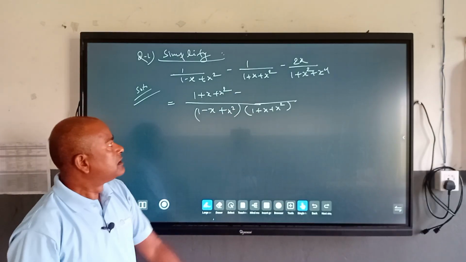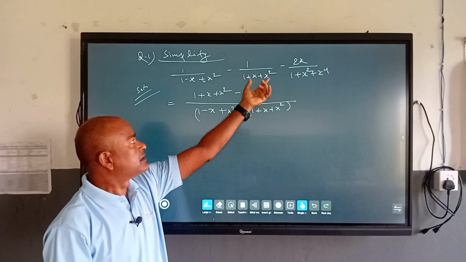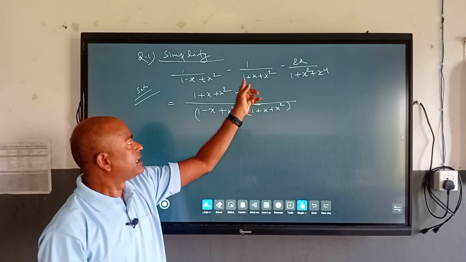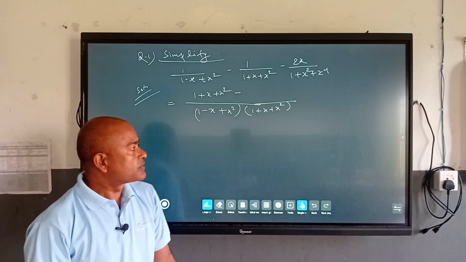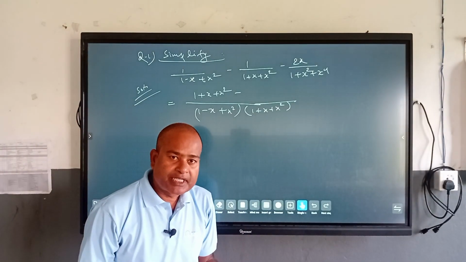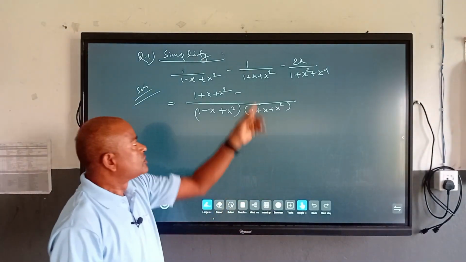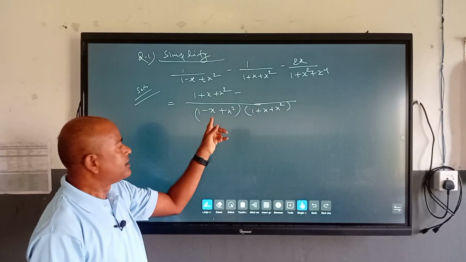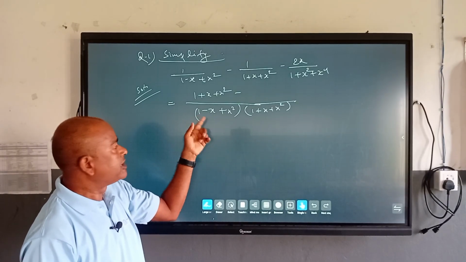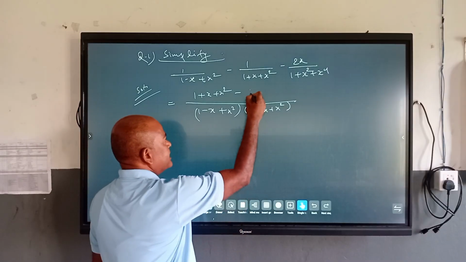Then minus. Now again dividing the LCM by the second denominator, 1 plus x square, both are the same, so they will cancel each other. Then we get the quotient, or the remaining factor, 1 minus x plus x square.